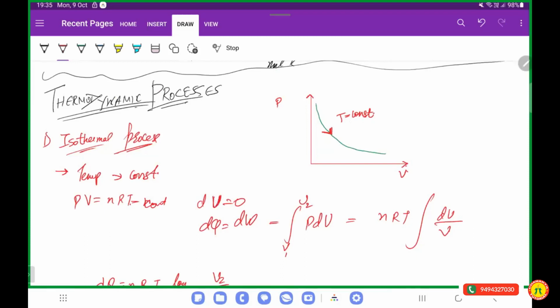So if there is constant temperature, change of temperature is 0. If I say T2 minus T1, both are the same, so it will become 0. Therefore, internal energy change is 0 because internal energy is related to change of temperature.